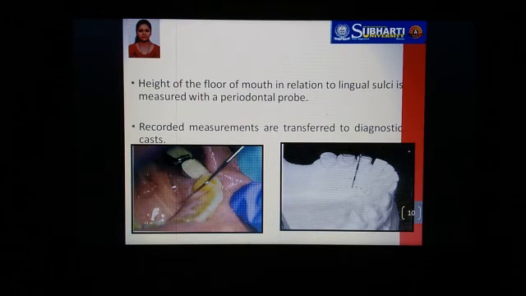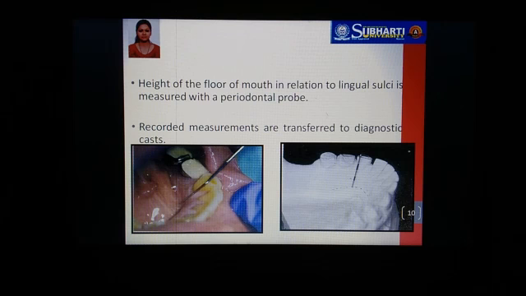The height of the floor of the mouth. So this is being talked about for the mandibular major connector. The height of the floor of the mouth in relation to the lingual sulci is measured with the periodontal probe. So before deciding which kind of major connector we have to give in the mandibular area, there is an important step that we have to take, that is we have to measure the height of the available lingual sulcus.